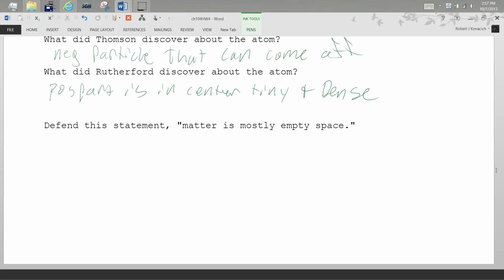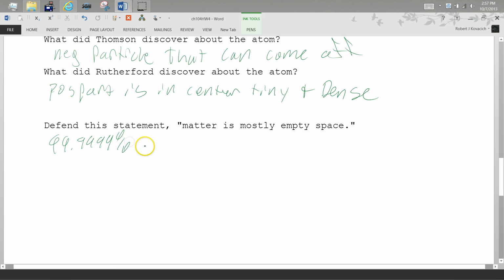The atom itself is a tiny nucleus with a bunch of empty space around it, and matter is made up of millions of atoms, which are mostly empty space, so everything that is matter, which is everything, is mostly empty space. Okay. 99.9999% of the mass of matter is in the nucleus.